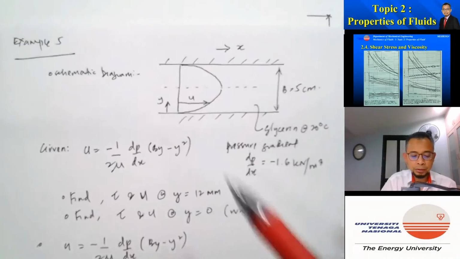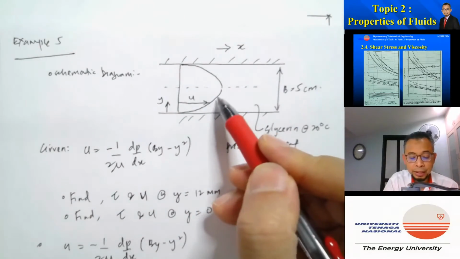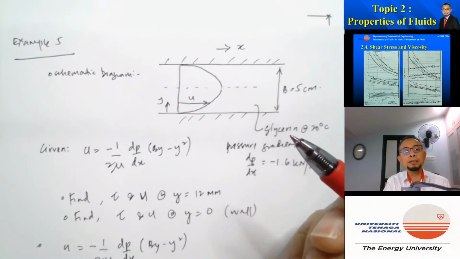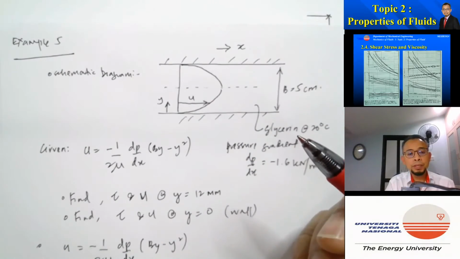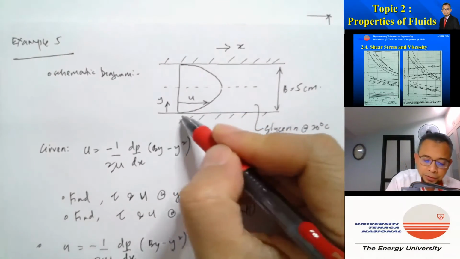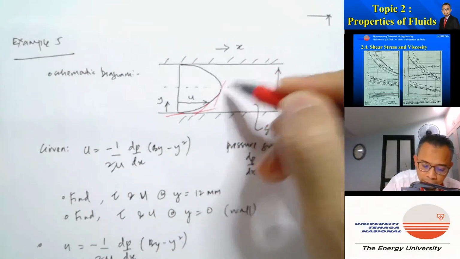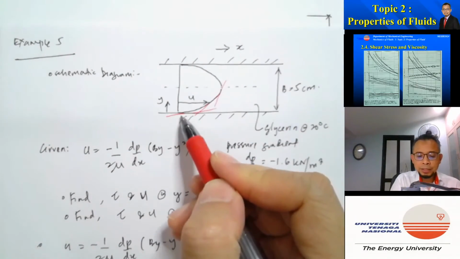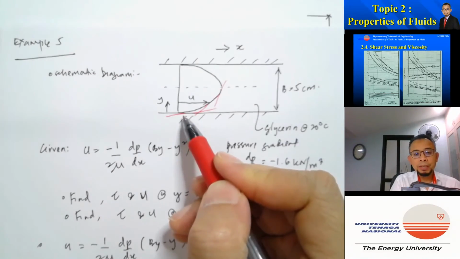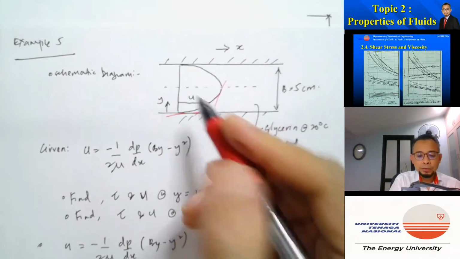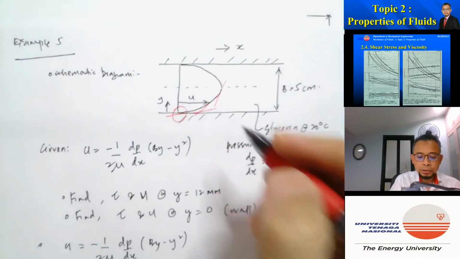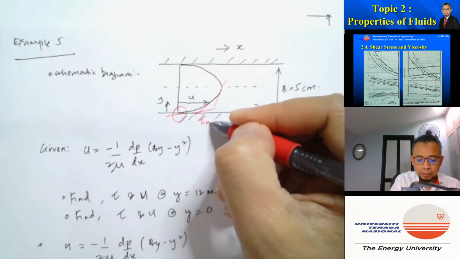But generally, we can look from here by considering the velocity gradient, because shear stress is equal to mu dv dy or du dy. If you consider the gradient here, the gradient is lowest here, which means that 1 over gradient is highest here. So at the wall, the shear stress is highest, tau max.